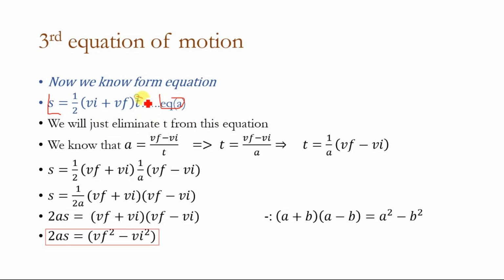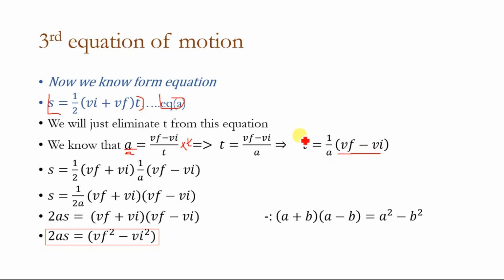We know that acceleration A is equal to change in velocity divided by time. By multiplying both sides with t, this t will cancel, and we will get t is equal to (Vf minus Vi) divided by A. Now we have t is equal to 1 over A into (Vf minus Vi).